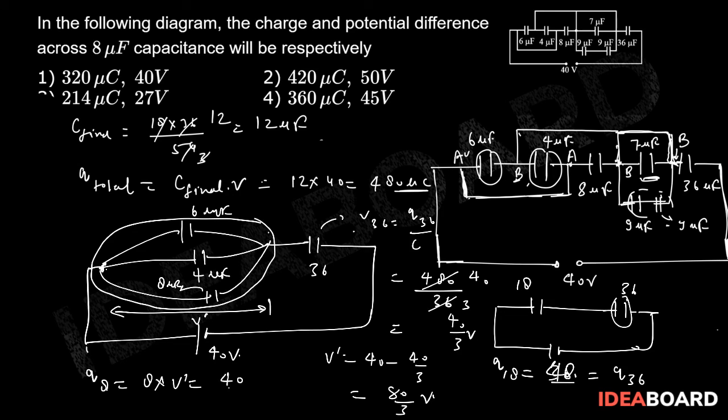V dash we already calculated, 80 by 3, so 8 into 80 by 3 microcoulomb, which is 640 by 3, almost equal to 214 microcoulomb. Okay, so 214 microcoulomb and 27 volts, because 80 by 3 is approximately 27 volts only. So 27 and 214. Option number 3 should be the right choice.